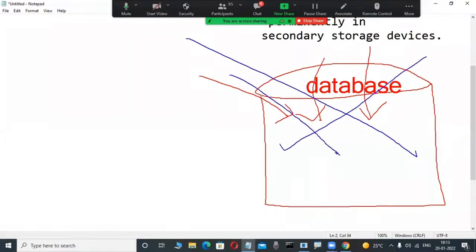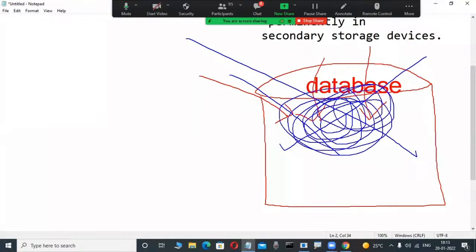Actually, databases like Oracle, SQL Server, DB2, Sybase, Informix, Ingres, and Teradata do not store a random collection of data. These databases only store a structured collection of data.